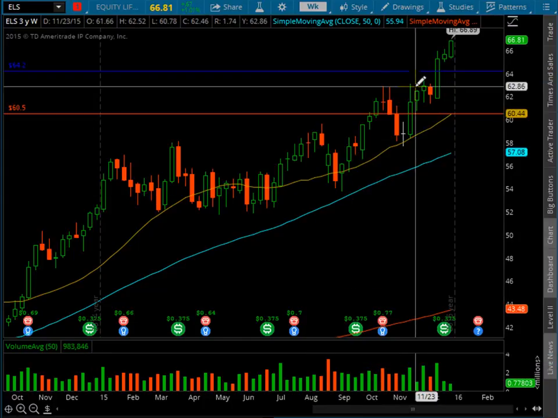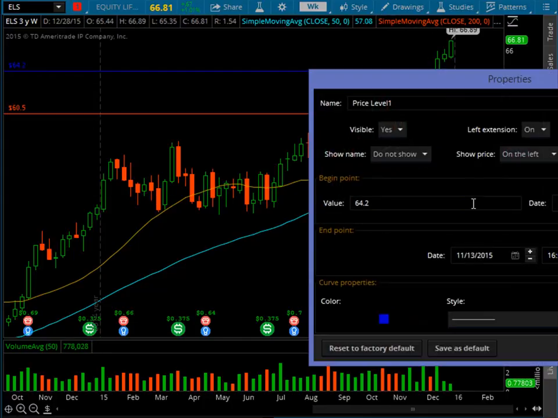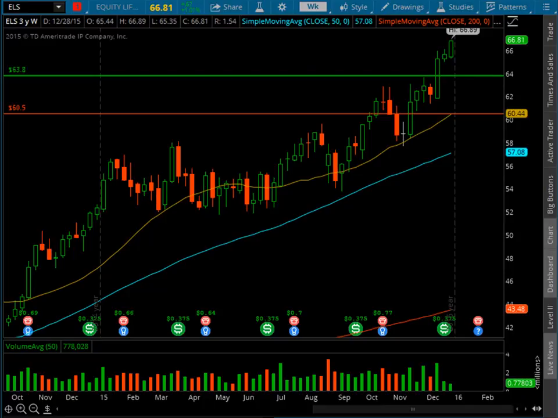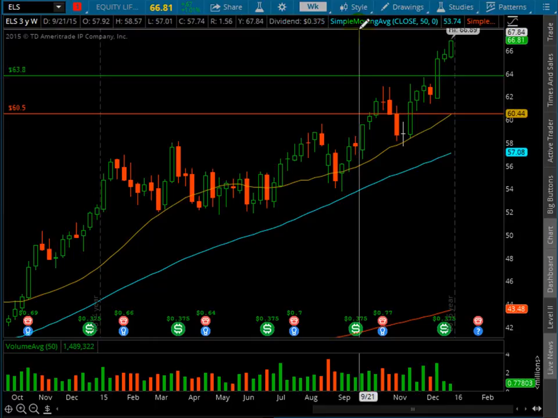So red, that's where your stop is. Your entry is, actually 63.60, and your target is 66.60. Give or take a few, doesn't matter.